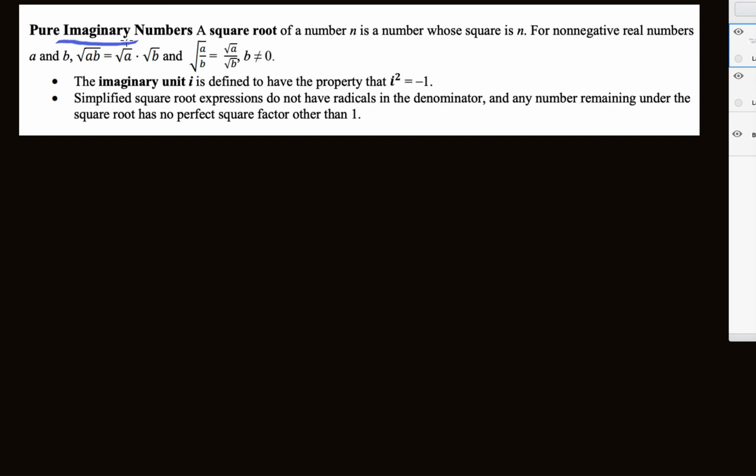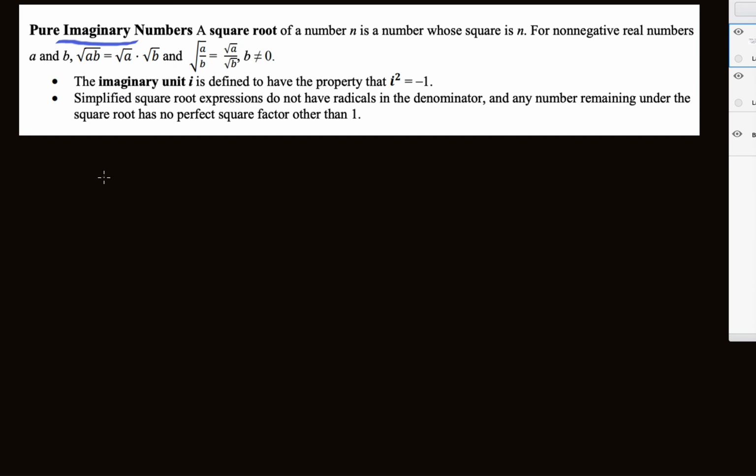Really, we're just talking about square roots of a number. Perfect squares have square roots, and if it's not a perfect square, we just leave it in the radical. If it's a times b, we can break it up into the square root of a times the square root of b. Let's do a real simple one.